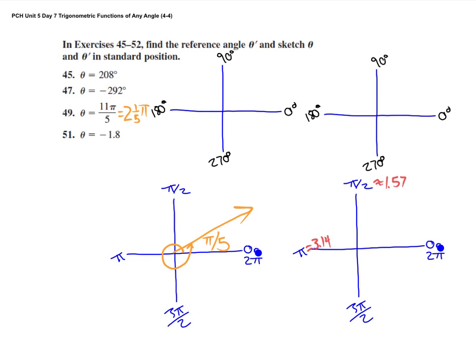So if I'm at negative 1.8, where am I? Quadrant 3, because I'm past negative 1.57, I'm at negative 1.8.